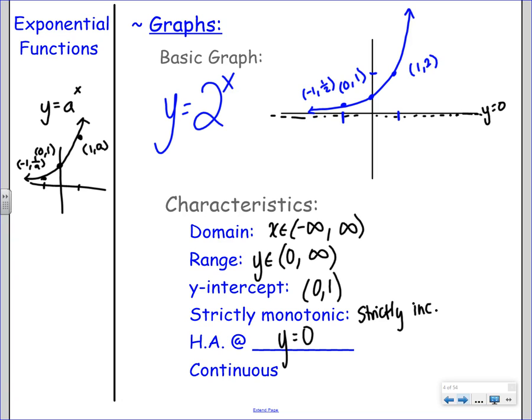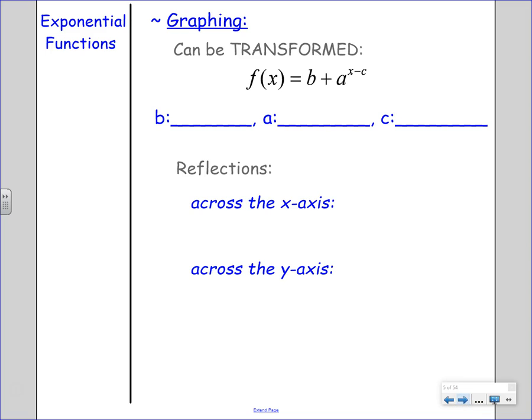We can multiply or divide to stretch or shrink, and we can multiply by negatives to flip. So can we transform? The answer is yes. I'm not going to go through all the transformations. Some of them we'll deal with when we get there, but I will talk about shifts, translations, and reflections.